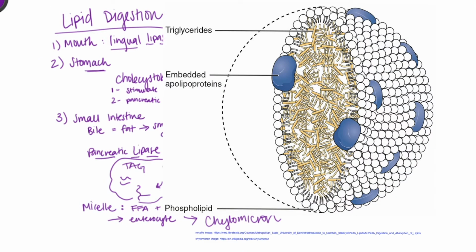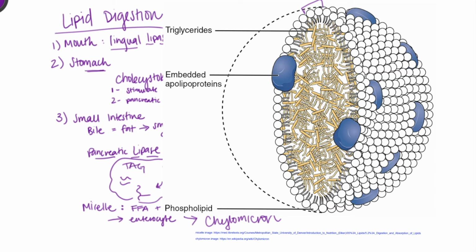Okay, so let's check out this picture of a chylomicron. Chylomicrons, this inside-of-the-cell formation of our lipids, are going to be created just as we have already explained, because the lipids do not want to be floating around in water. So they look quite similar to our micelles. The first thing you'll notice that is similar is the outside is going to be made of those phospholipids, with the hydrophilic side on the outside and the hydrophobic side on the inside.